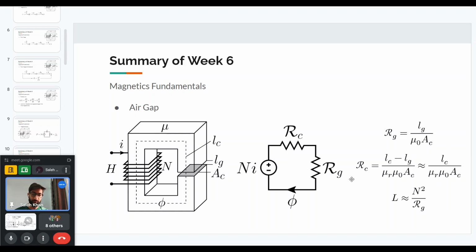Basically, if the length Lg is much smaller than Lc and the relative permeability is much higher than the permeability of free space, then the inductance will be determined by the air gap length or air gap reluctance only. We can approximate the inductance as n squared divided by Rg in that case. So this air gap allows us to control the flux and in turn control the inductance as well.